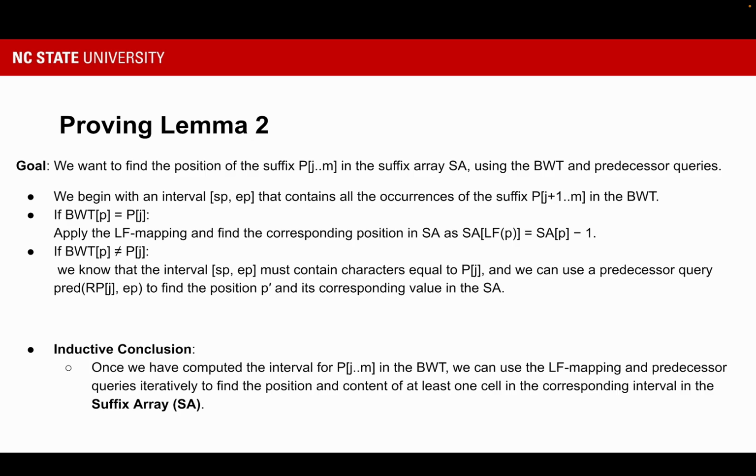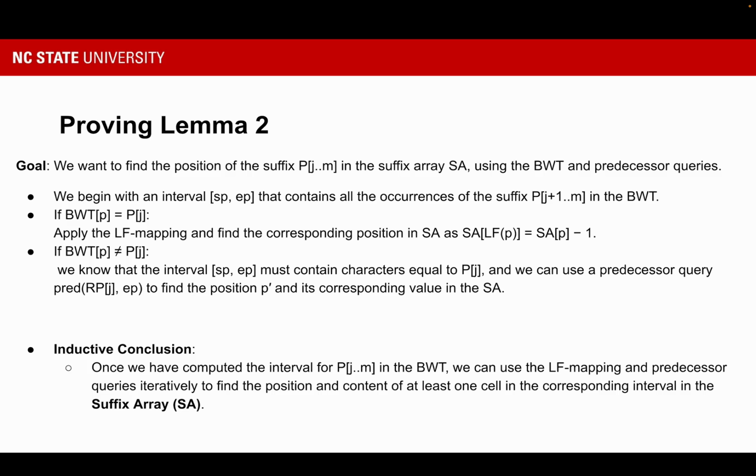So imagine you are matching a pattern from P of j all the way to m, and you know the interval of P of j within the suffix array, SA of sp and ep, the start point and the end point. This means that the rows from starting position to end position in the suffix array correspond to all the suffixes that start from the P of jth index all the way to P of m.